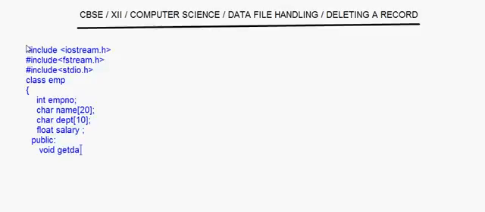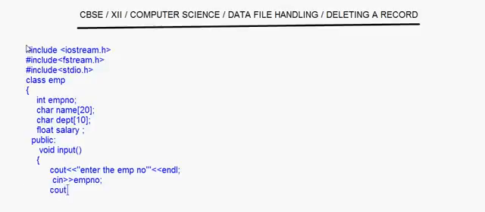void getdata, I call it void input, and here you have all your cin statements. You write cout enter the employee number, and then cin emp_number.